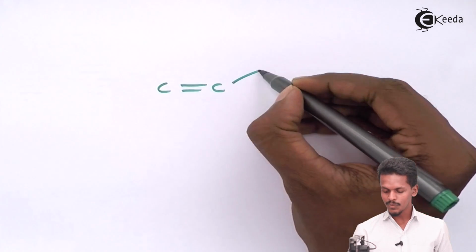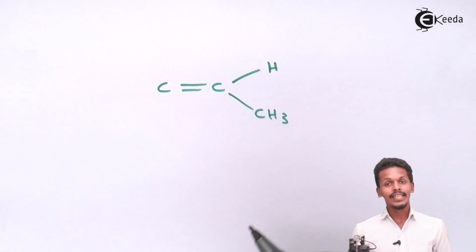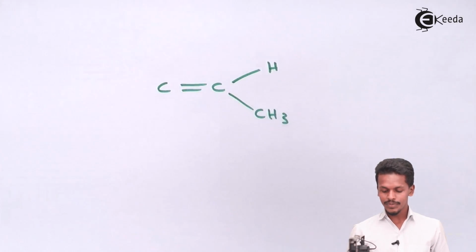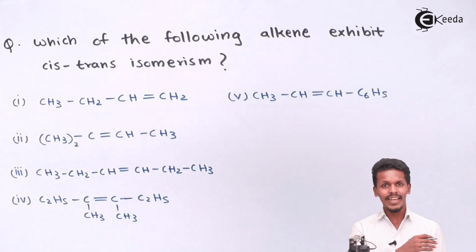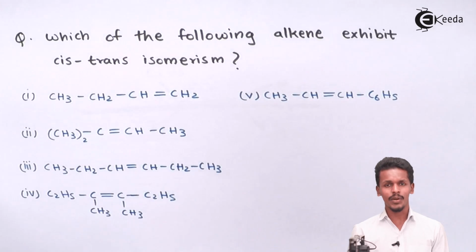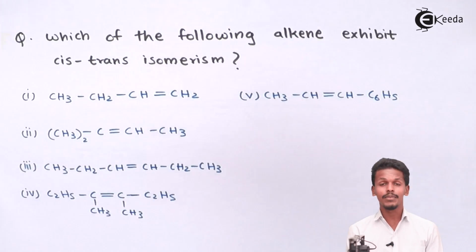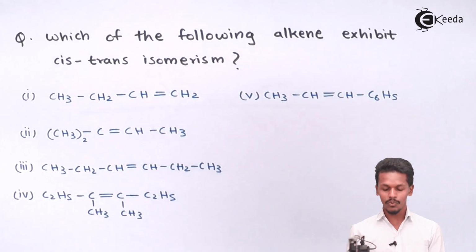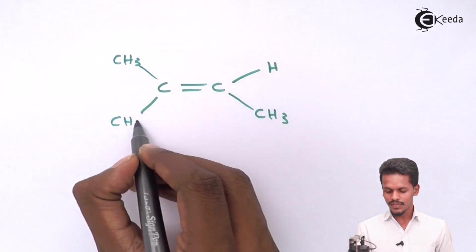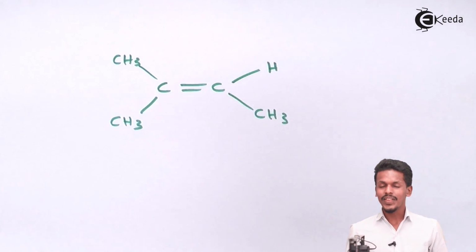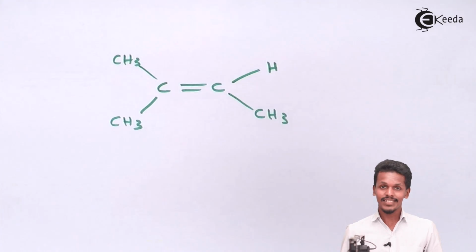Suppose I draw hydrogen on one side and CH3 on the other, and on the other carbon atom, by filling the valency, one carbon has a methyl group and this carbon basically has 2 methyl groups. So one side will have CH3 while the other one will also have CH3. So whether this shows cis and trans isomers or not, the answer is no.